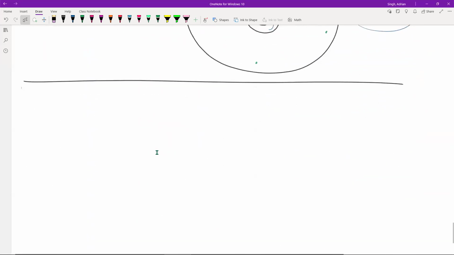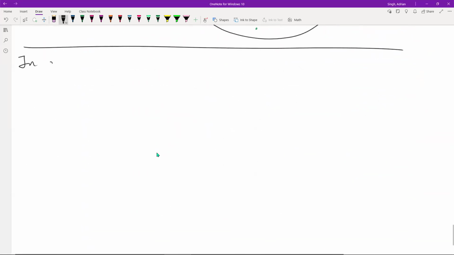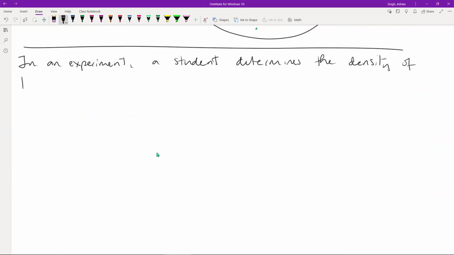Okay, so let's say in an experiment, a student determines the density of lead in, let's say, 3 trials. So they did the same experiment 3 times, and they reported the density in the 3 trials as follows.